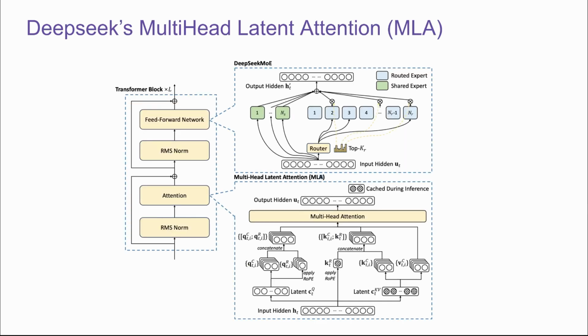Okay, so let's take a look into DeepSeek's MLA implementation. On the left part, this is a decoder-only architecture. So it's different from the previous encoder-decoder transformer architecture. This is what GPT uses right now.